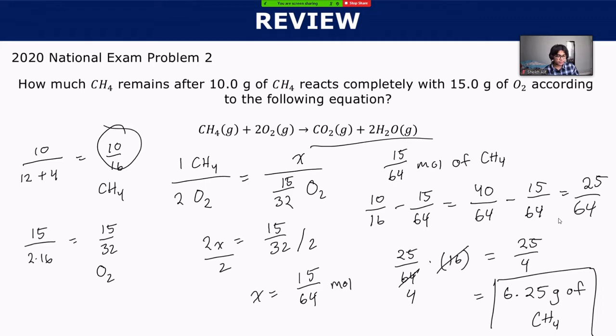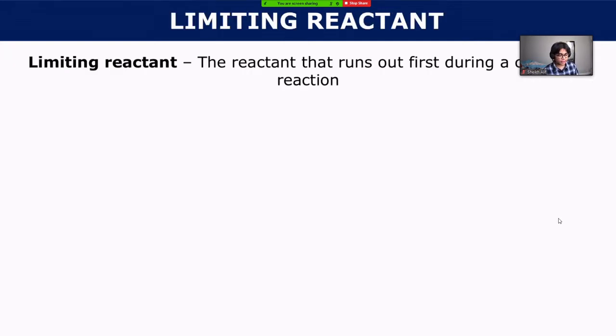So we see that there's 15 grams of oxygen being used, but only 3.75 grams of the CH4 is actually used. So you could add tons of CH4 into the system and you won't get more products because you just don't have enough oxygen. And that is the fundamental idea of a limiting reactant. It's the reactant that runs out first during a chemical reaction.